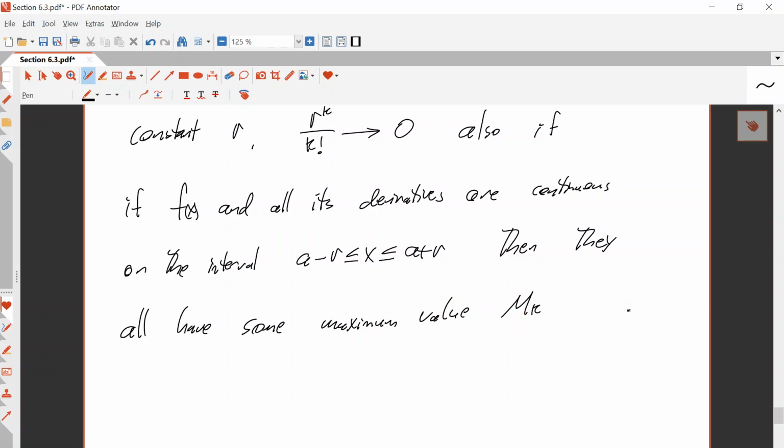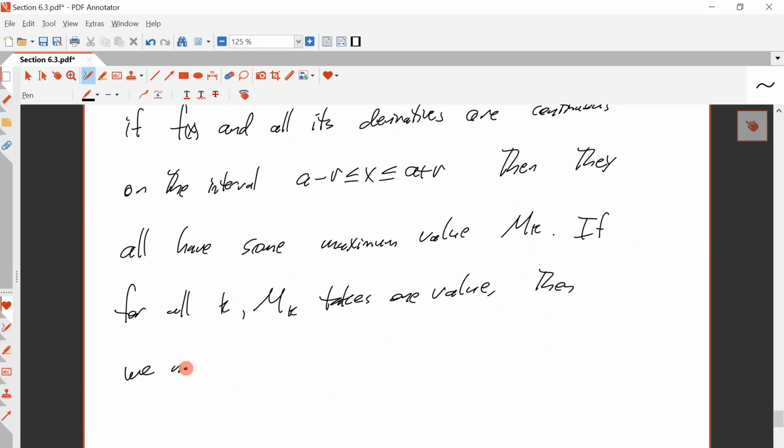If for every k it's the same value, M takes a single value, then we must have that R_k(x) goes to 0 because M times r to the k over k factorial goes to 0. And this is bigger than the remainder.